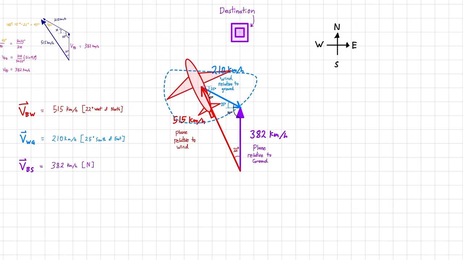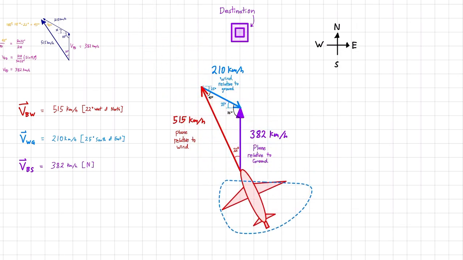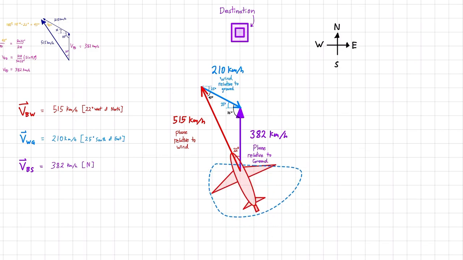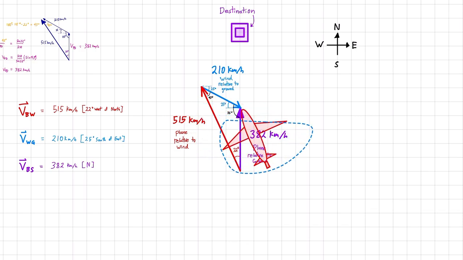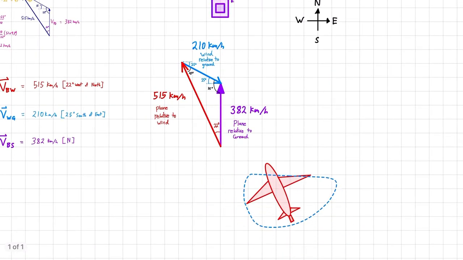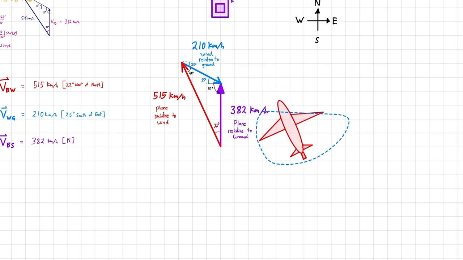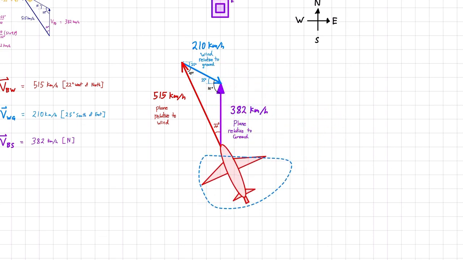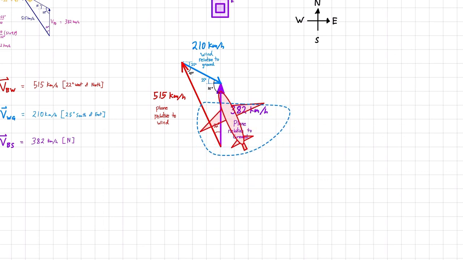But because there's a wind, for every 515 kilometers that our plane goes this way, the wind is going to push us to the side and backwards 210 kilometers. So our plane wants to just go this way, but then there's a wind blowing it this way, right? So when you add the two vectors together, our plane just ends up going straight north.